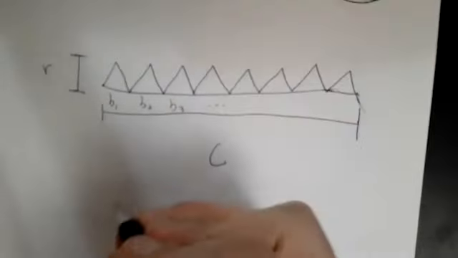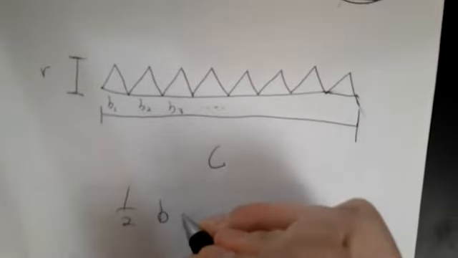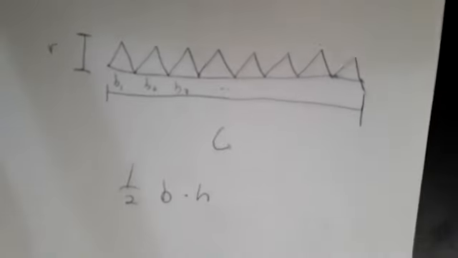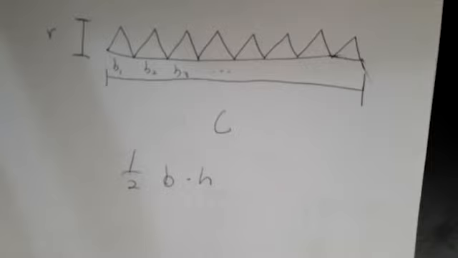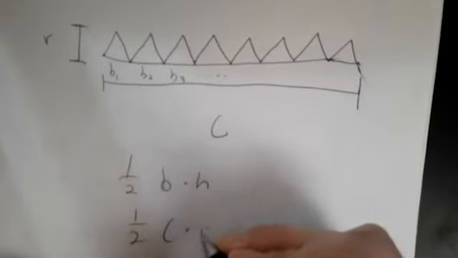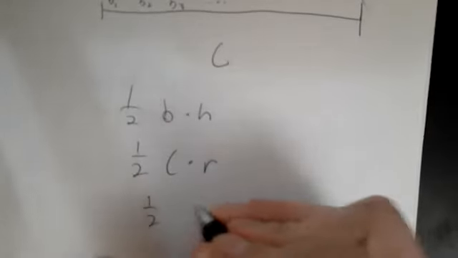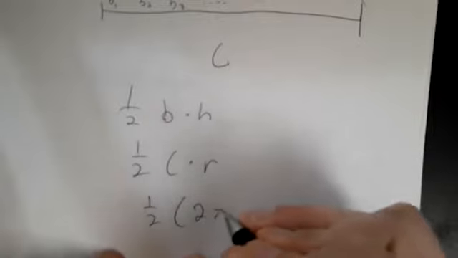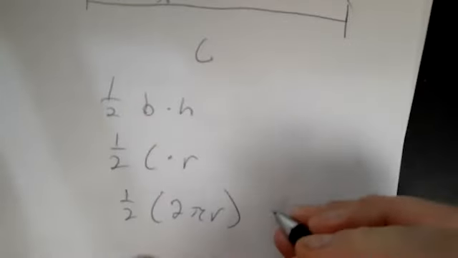All we need to do is 1/2 base height. And if we do 1/2 base height, we're filling this in. This is 1/2 of a circumference times a radius. We know the circumference is 2 pi r. Sorry, 2 pi r, and we still got to multiply that by r.